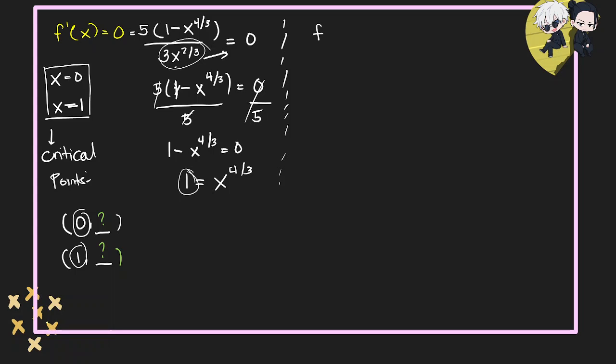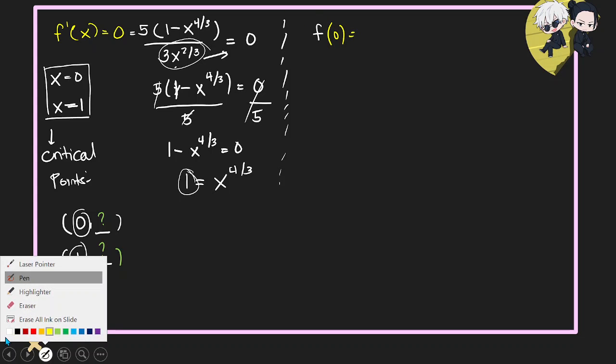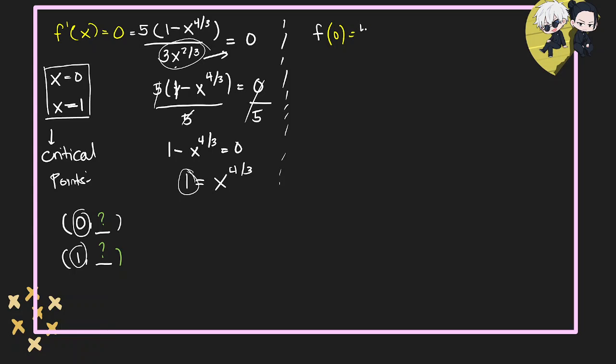So, if you substitute f(0) into our original function, 5x raised to 1/3 minus x raised to 5/3, pag sinubstitute natin dyan, si f at 0, magkakaroon tayo ng 5 raised to 0, raised to 1/3 minus 0 raised to 5/3.